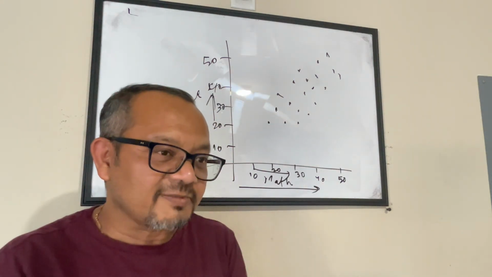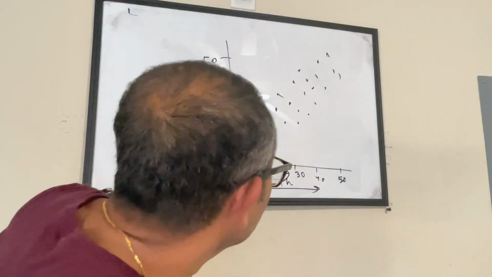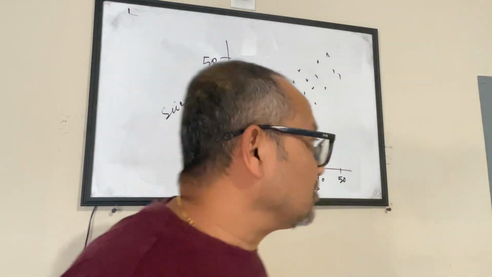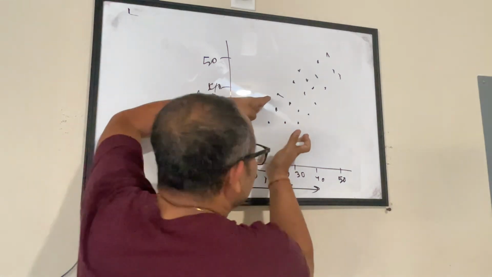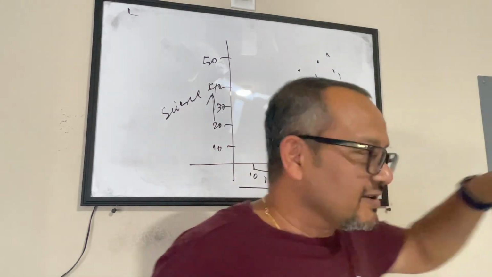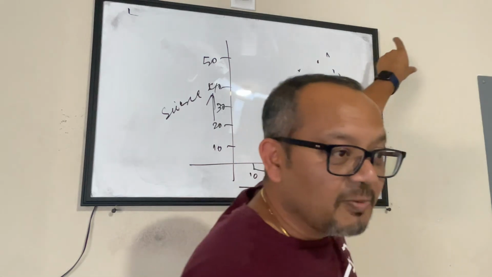Is anybody feeling better by seeing this one? So what do you see here? Without going into the double click of the data, without looking at each and every exact element of data, what you see here is there is an increasing trend. There is a positive trend. Very few kids got less, but there is an upward trend.